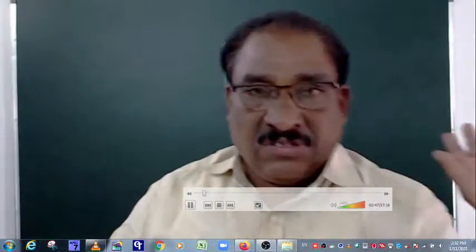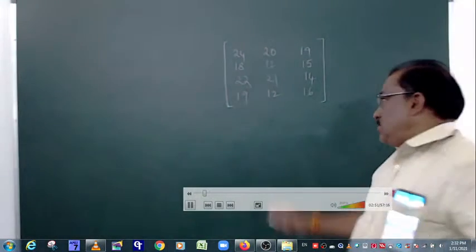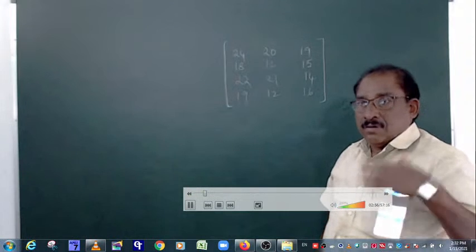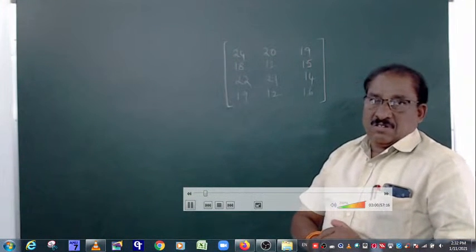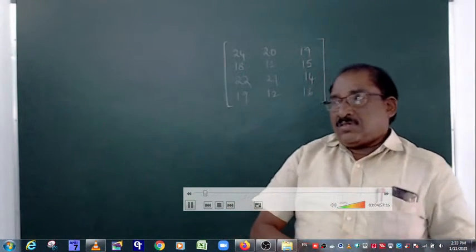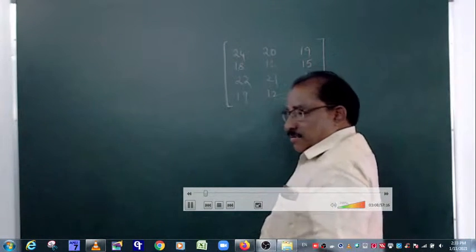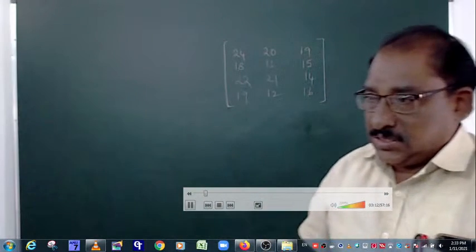What is the shape of this called? Already you learned it in lower classes, 10th class. It is a matrix.